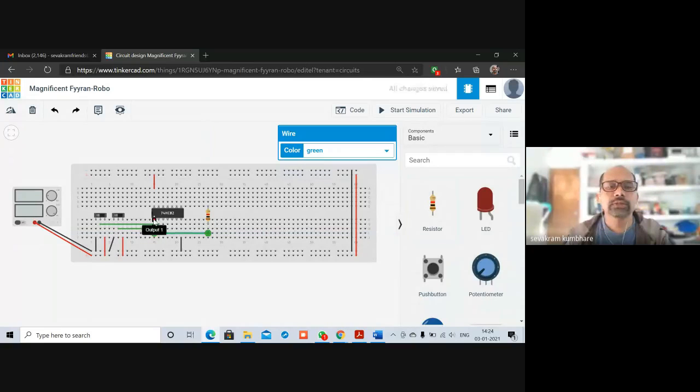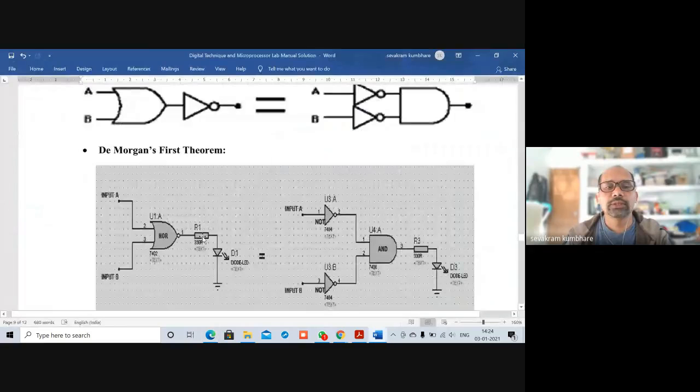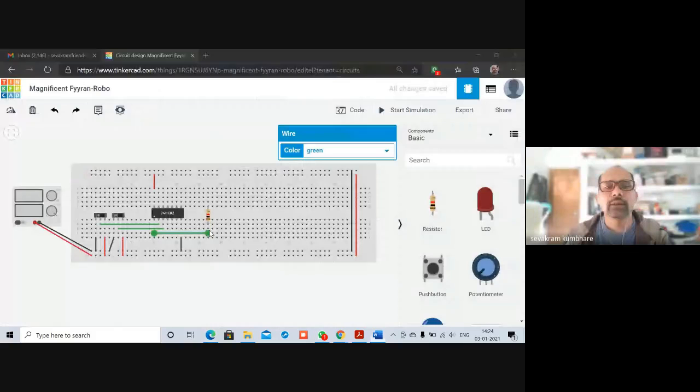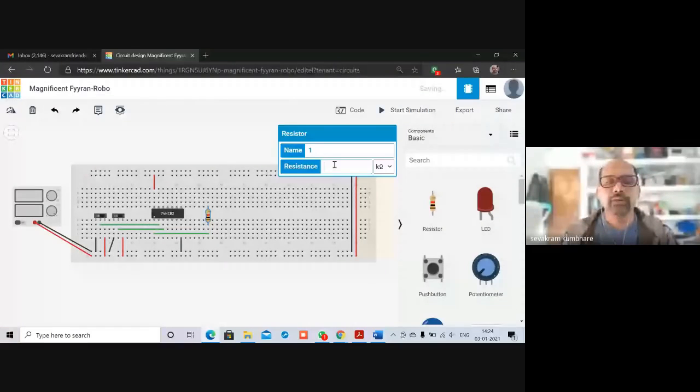Since this is the output, pin number 1 goes to the resistor, and the resistor should be 330 ohm. So I'll make it 330 ohm. Let us say this is R1.